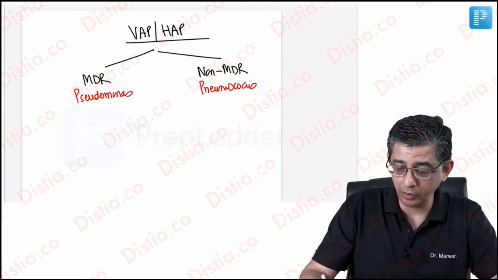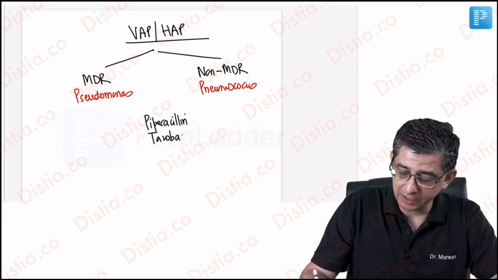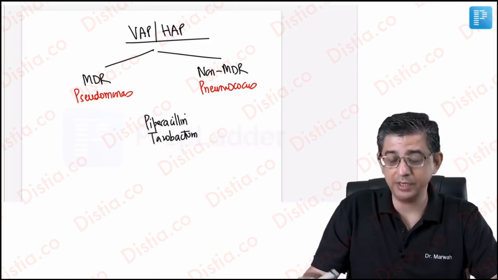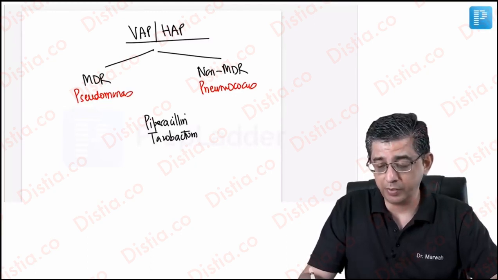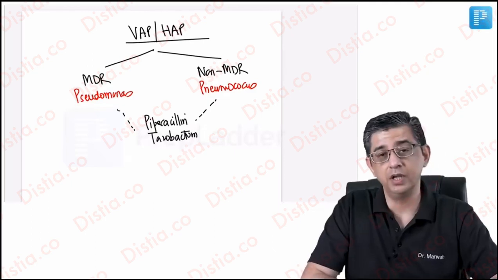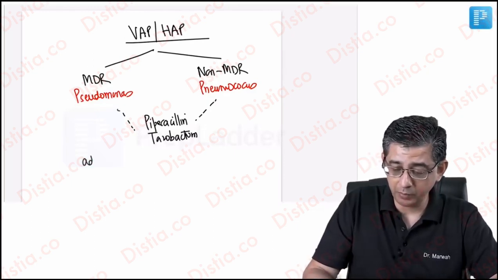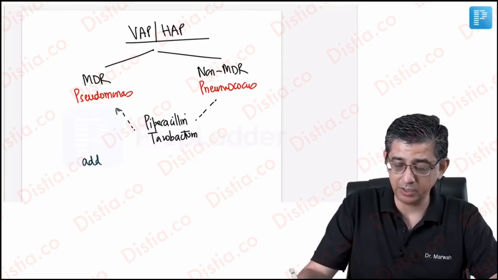The common antibiotic used on both the left and the right side is piperacillin and tazobactam. On the left-hand side it is easy to relate. On the right-hand side, I want you to remember that for ventilator-associated pneumonia, he says give piperacillin-tazobactam in both scenarios. So what is the difference? The difference is that in MDR, because I am saying multi-drug resistant, it could be resistant to the antibiotics that I have written.